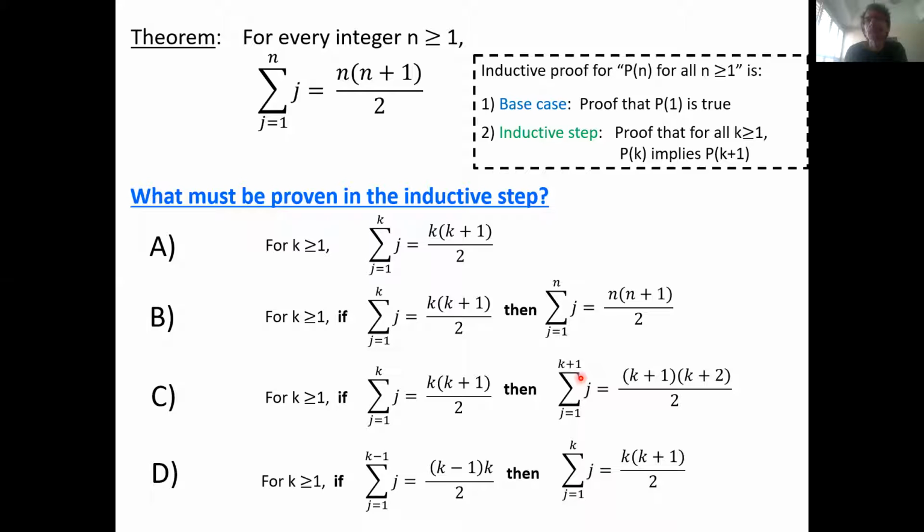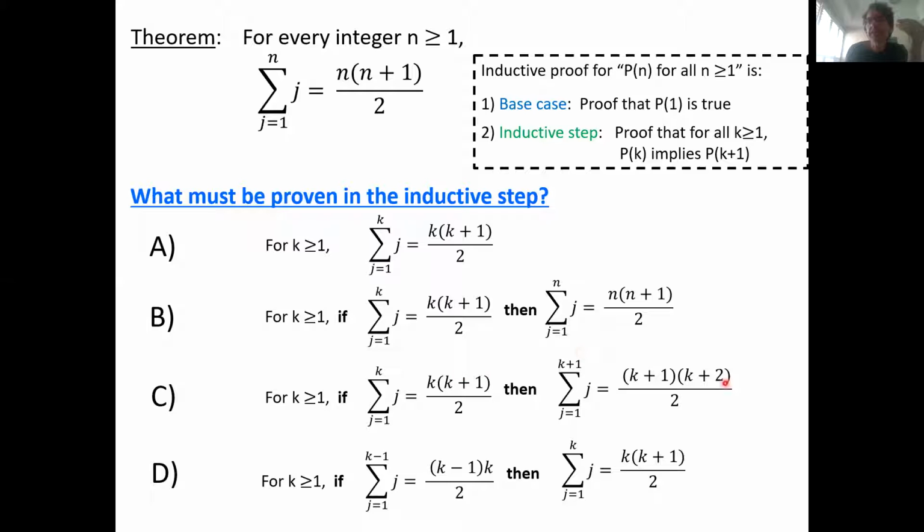This is also why it's healthier to write down this implication using some other variable than n. Why? If I used n here, then writing this down would be very simple, it's just a copy of this. But writing this down with n replaced by k is just as simple.